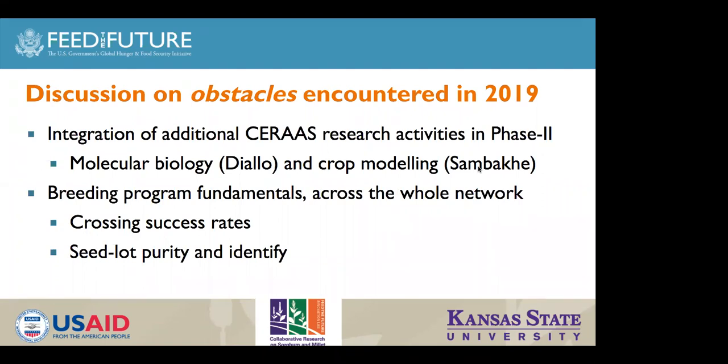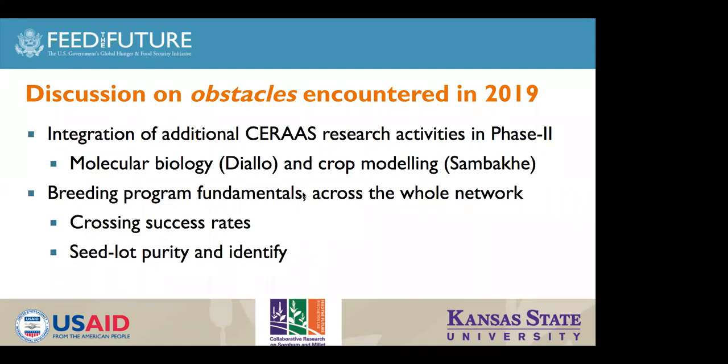An area where we're really going to focus in the coming years is getting these breeding program fundamentals solid across the whole network. Everybody's well trained, but everybody's starting out, and there's a lot to learn when you're running your own new program.